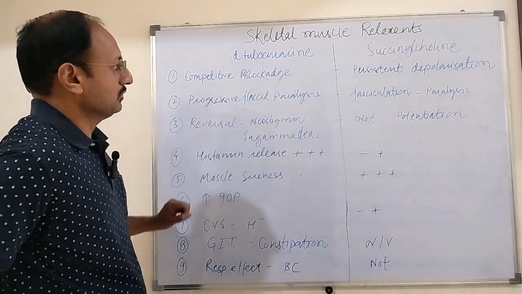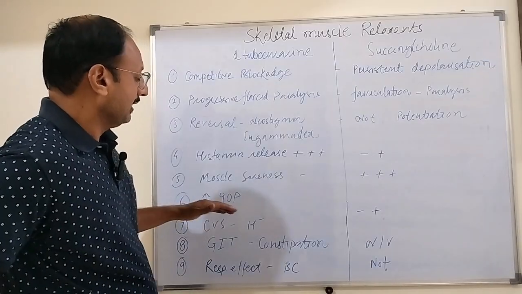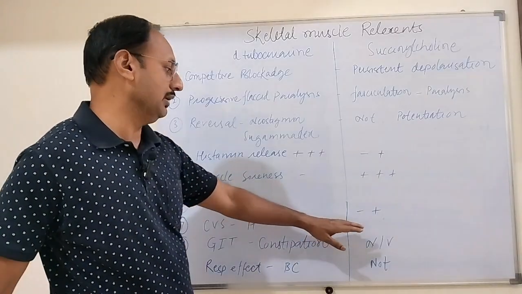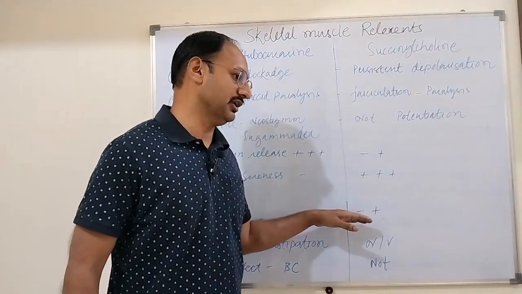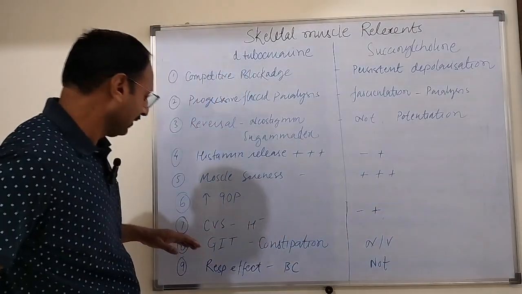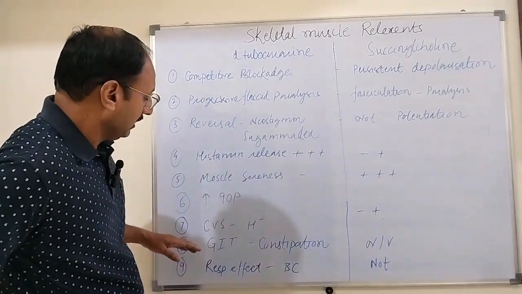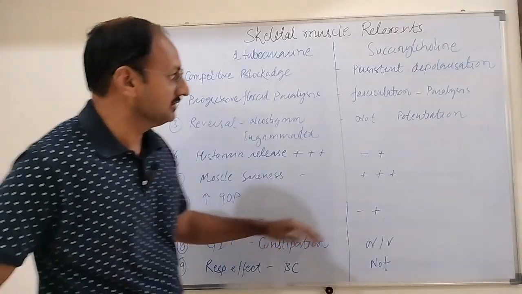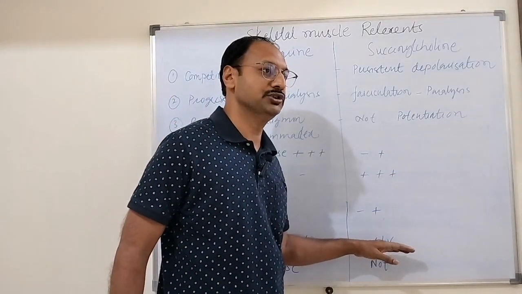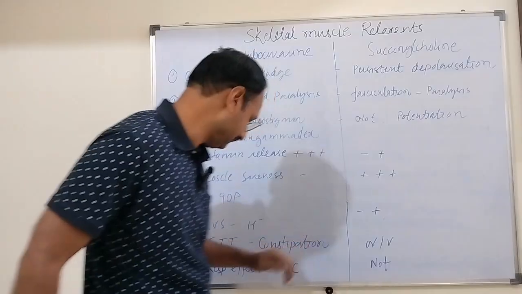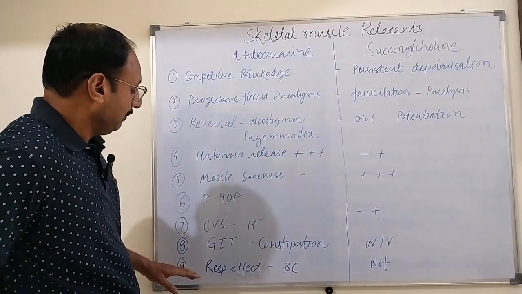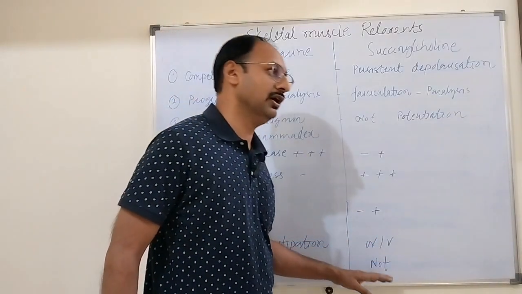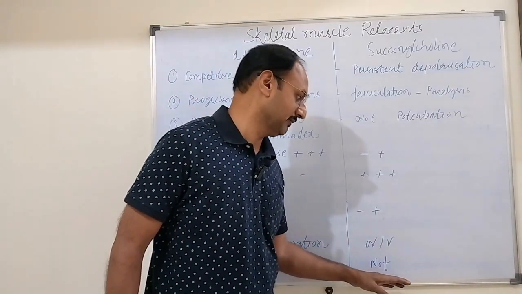Number seven is cardiovascular effect. d-tubocurarine can produce hypotension, whereas succinylcholine can produce hypotension as well as hypertension. d-tubocurarine can precipitate constipation, whereas succinylcholine can precipitate nausea and vomiting after recovery. d-tubocurarine produces bronchoconstriction, whereas succinylcholine does not precipitate bronchoconstriction.